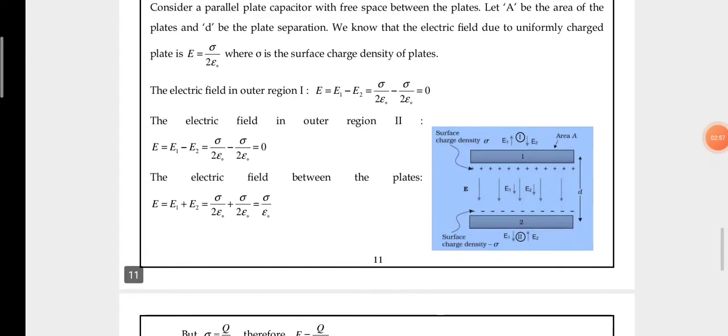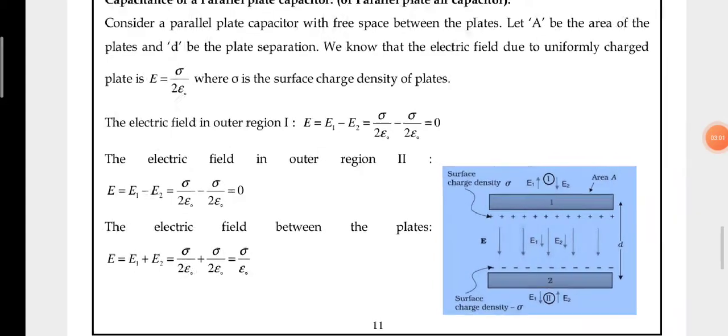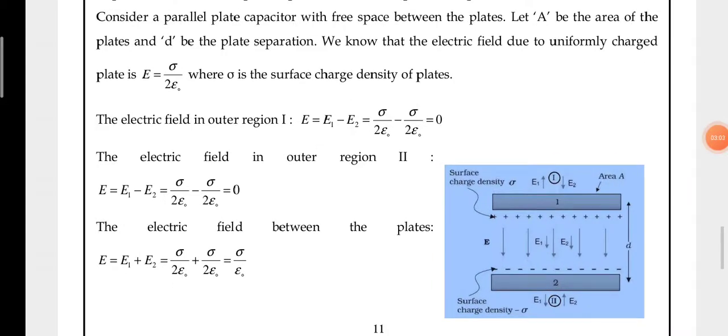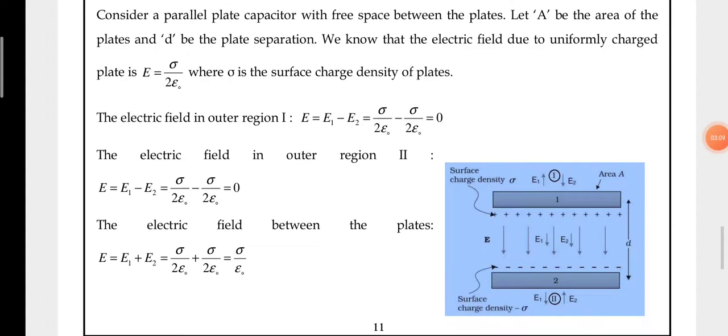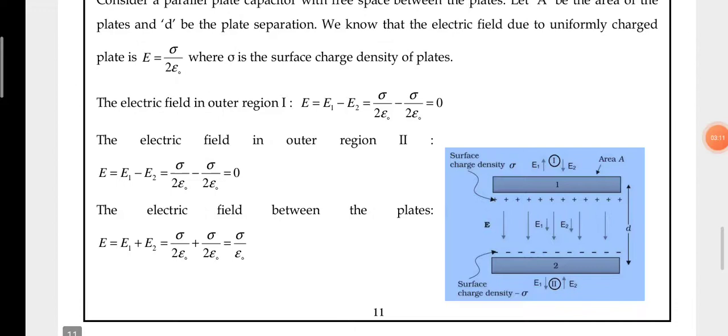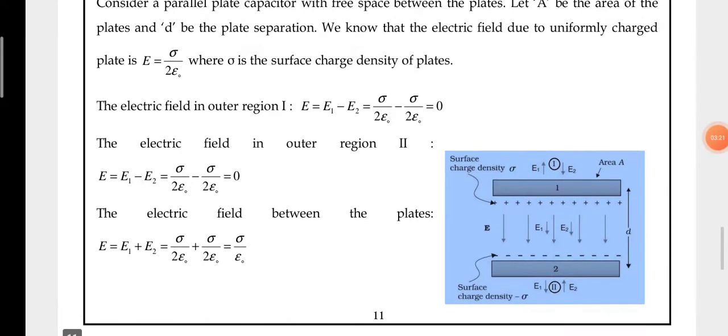So for this, consider a parallel plate capacitor with free space between the plates. Let A be the area of each plate and d be the separation between the plates. Here, the separation between the plates is given as d, and the area of each plate is capital A.